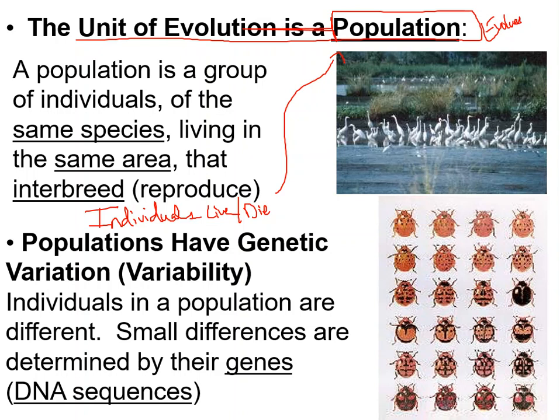As certain individuals live and reproduce more than others, or die later in life after they've had offspring, that's the mechanism behind evolution. It's the population that changes over time, not specific individuals. This is not Pokemon where Squirtle evolves into Wartortle. Individuals live and die. It's the population that evolves.